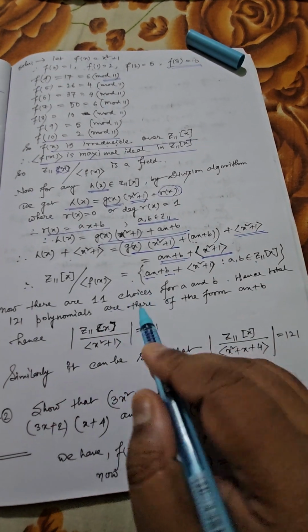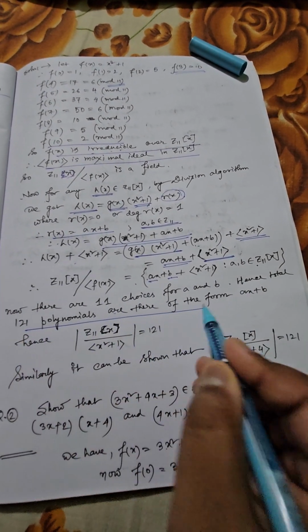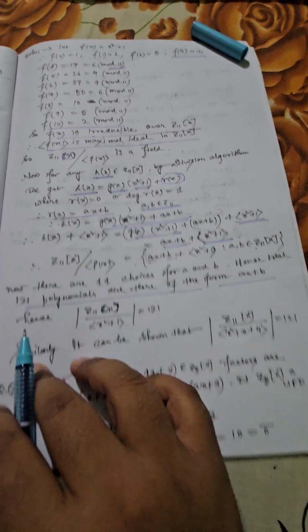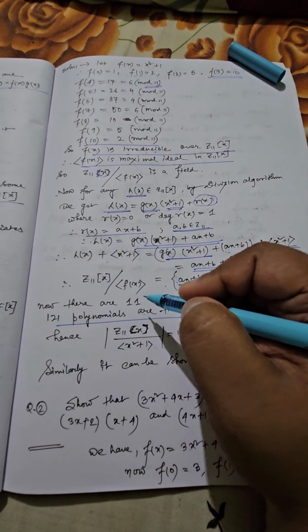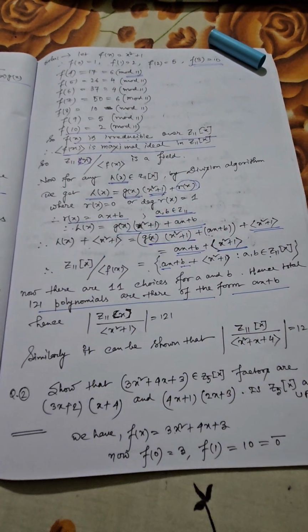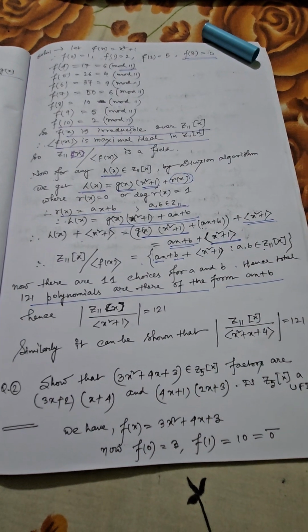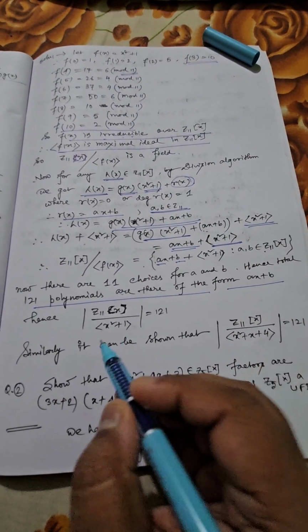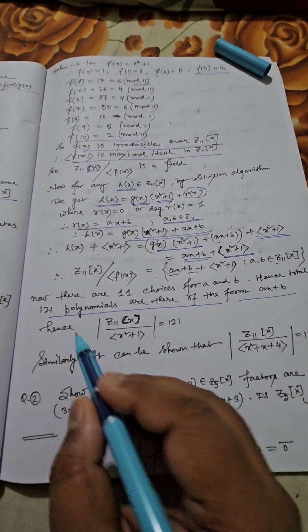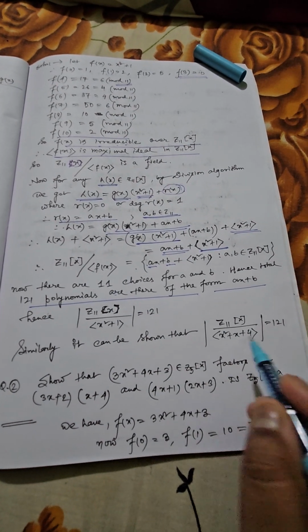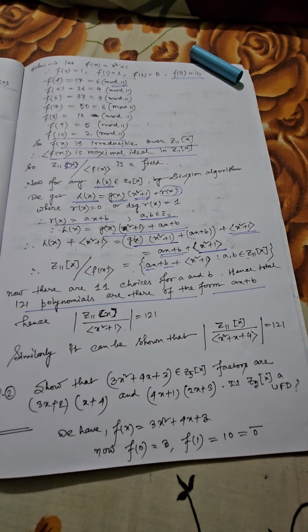So 11 times 11, a total of 121 possible structures of the form ax plus b, and hence this entire structure contains 121 elements. So the order of this structure is equal to 121, and hence the required proof is that this is a field having 121 elements. In a similar fashion you can also prove the next one.